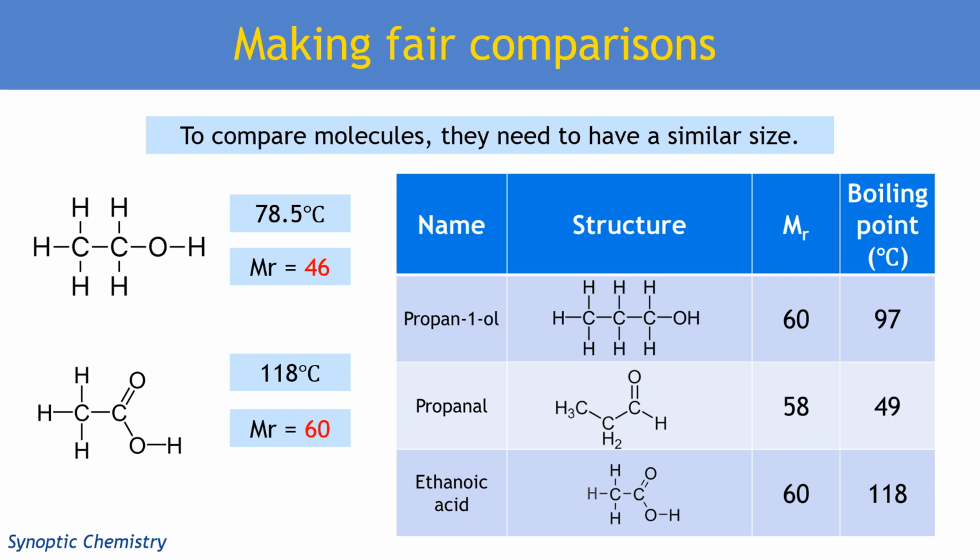And here you can see the effect again of being able to form more than one hydrogen bond. Propanal, obviously no hydrogen bonding, much lower boiling point. Propan-1-ol can form potentially a couple of hydrogen bonds per molecule. Ethanoic acid also has the C double bond O, and we'll come back to carboxylic acids and the ways that they can form hydrogen bonds with themselves later.